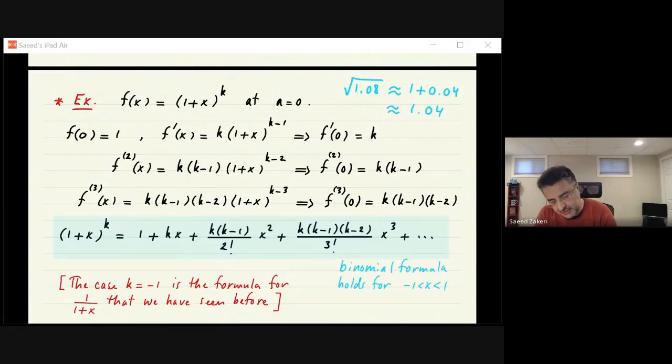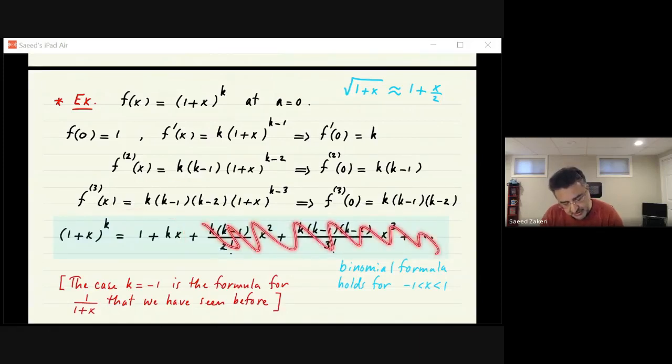In general, for example, the square root of 1 plus a small quantity x is roughly 1 plus half of x, which is this part of this approximation. So if I just ignore the rest and say that for small x, it is negligible, then for small x, 1 plus x to the power 1/2 is approximately 1 plus 1/2 x.